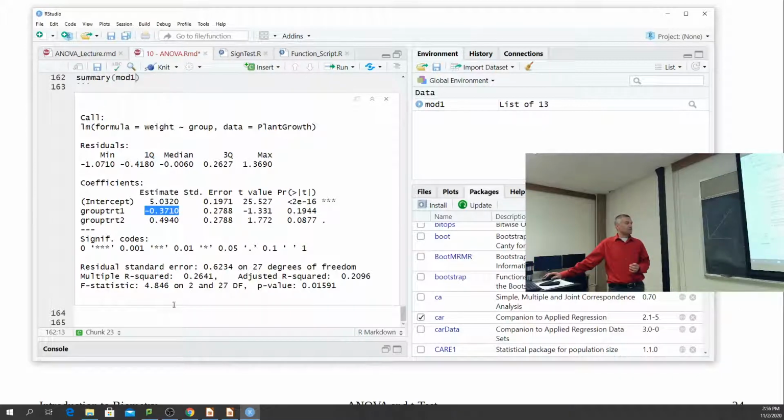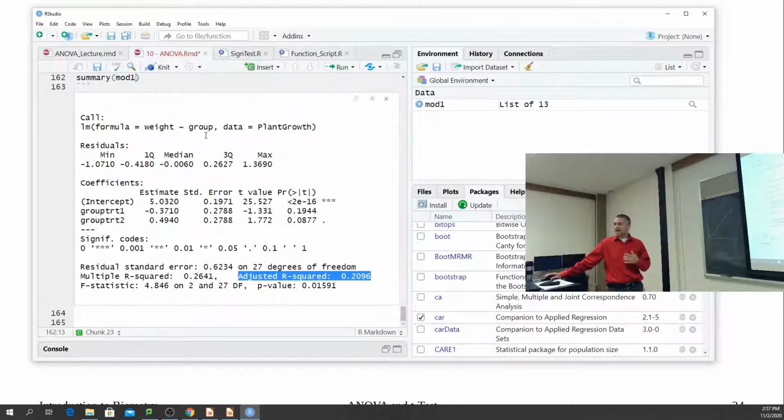What we're most interested in is this area down here. All right, so the residual standard error, we're not really going to use that. You'll see this again. The multiple r squared and the adjusted r squared. These are important. And actually, you can just go for the adjusted. This adjusted r squared tells us the proportion of variance in our data set that is explained by our grouping variable.